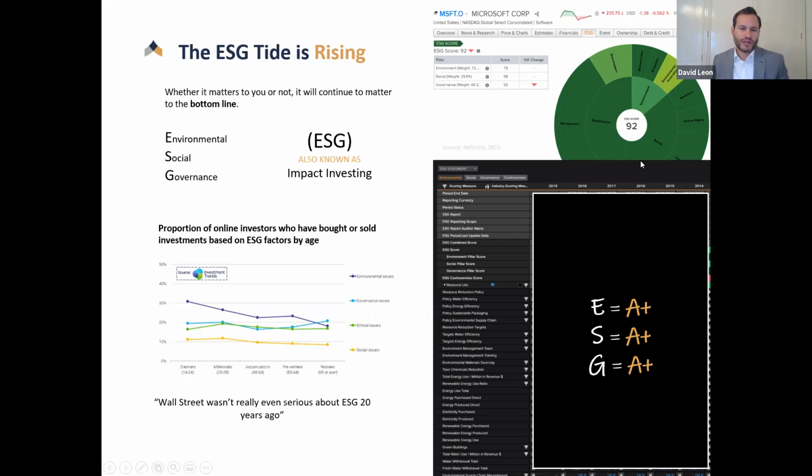Interestingly, 20 years ago, ESG was one of these things that was talked about, but it was more around the edges, where now, in regards to what we can see online for online investors, between 20 and 40% of the factors for buying and selling decisions are being driven by ESG factors.